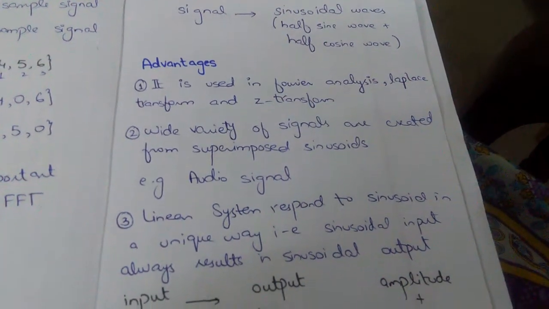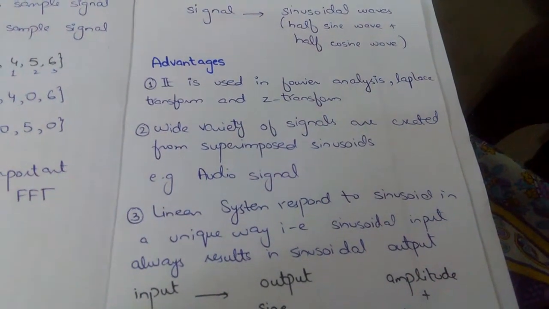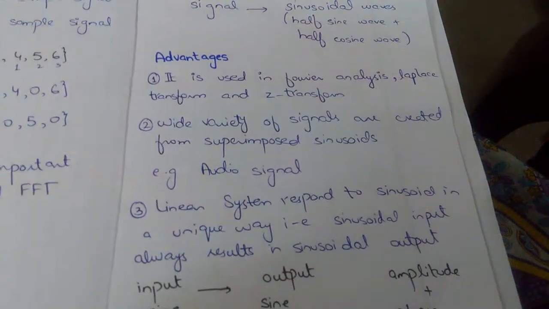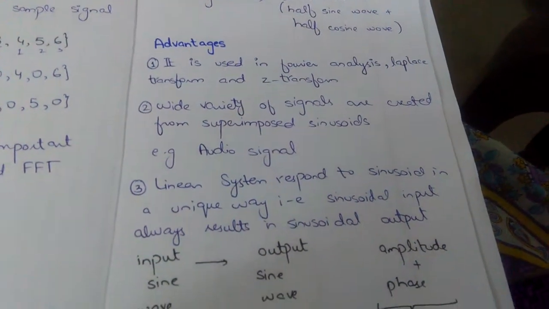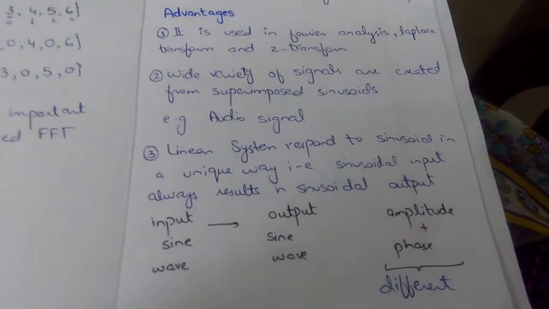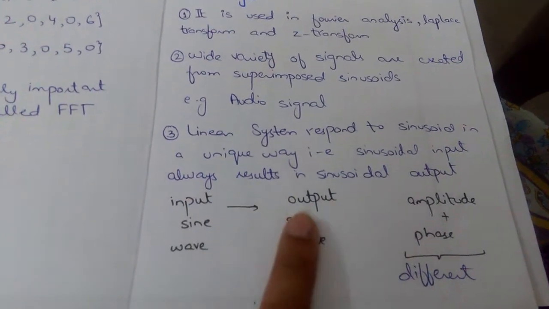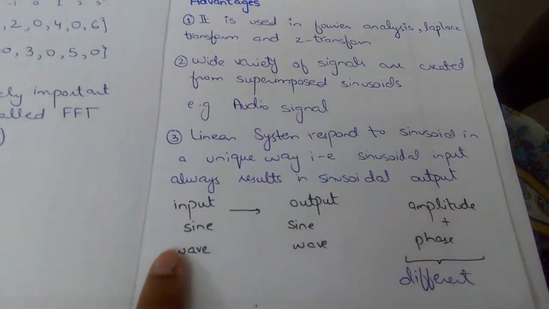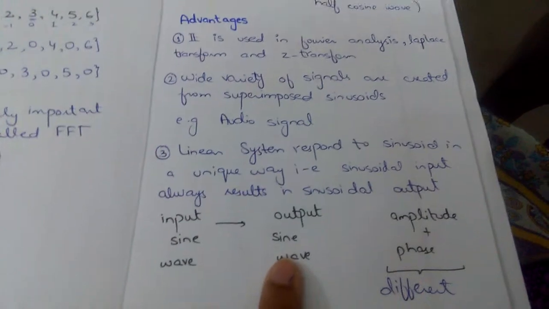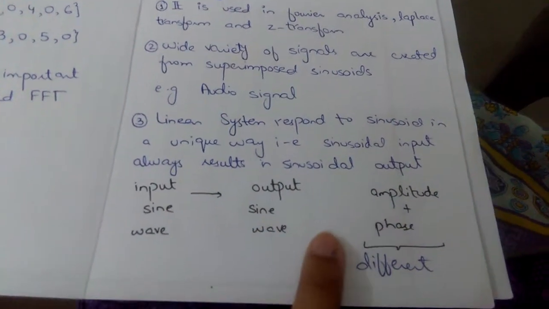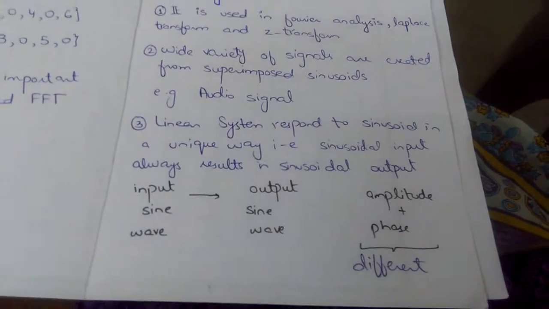A linear system responds to a sinusoid in a unique way, i.e. sinusoidal input always results in sinusoidal output. When we give input, we obtain output. For example, if we give input as a sine wave, we also obtain a sine wave, but the difference is in amplitude and phase.